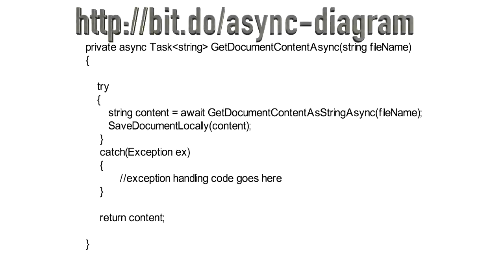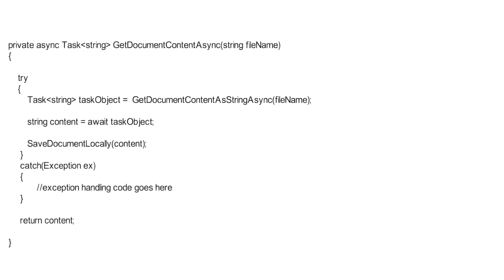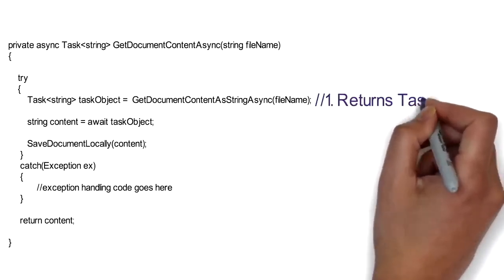Note that the line of code that includes the await operator is in fact doing two things. It is returning a task object when it is first invoked, and then later, when the asynchronous operation completes, it is returning the value returned by the relevant method, in this case, a string value. So we can write the code like this to make this clearer. We could first assign the task object returned by the relevant asynchronous method to a variable of type task.